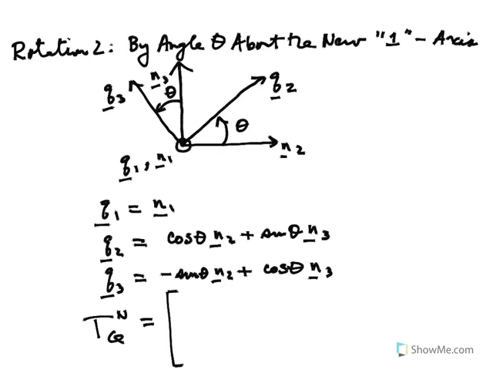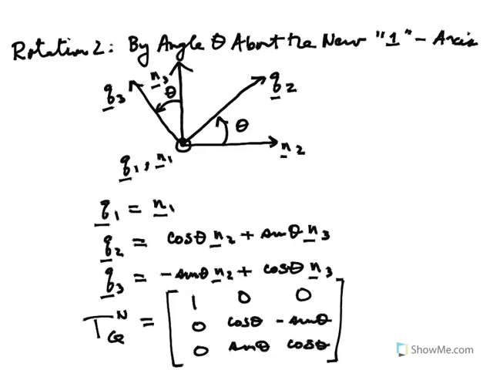So q1 is going to be equal to 1, 0, 0. The second one is going to be 0, and then cosine of theta, and then sine of theta, and then 0, minus the sine of theta, and then cosine of theta. And that's because I'm preserving, in this case, the one direction, so the first column is just 1, 0, 0, which is what you would expect it to be.